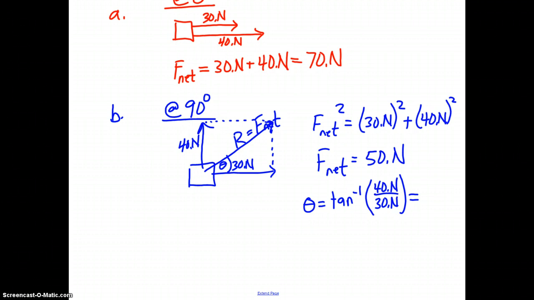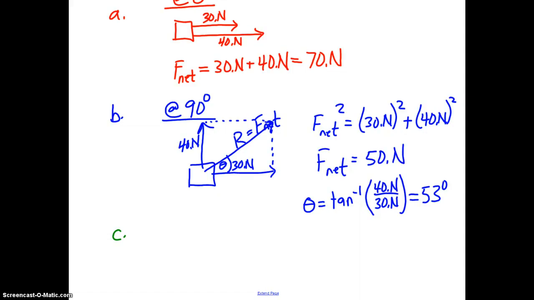And I believe we would get 53 degrees. We can leave it like that as long as our diagram is orientated to the x-axis like that. Okay? All right, our last question is an easy one as well.